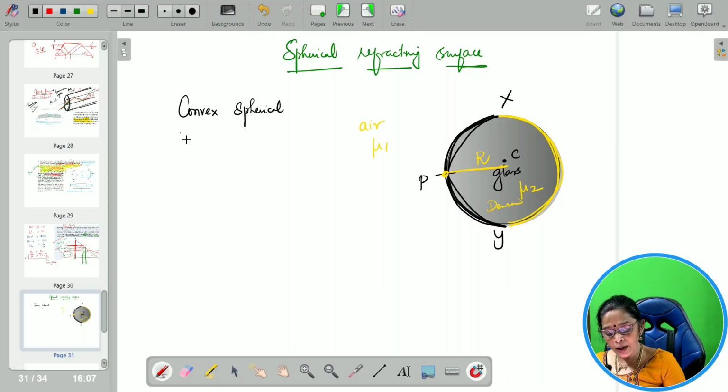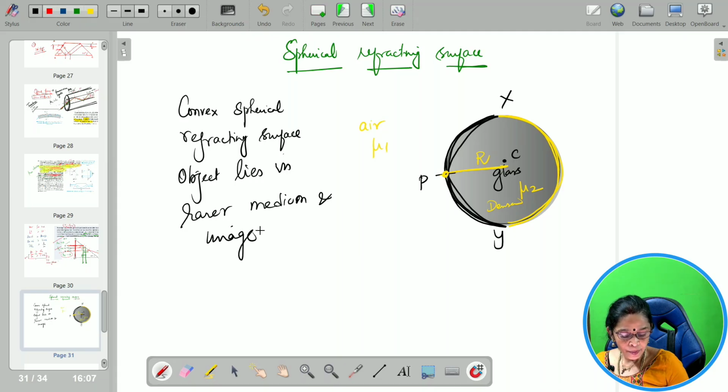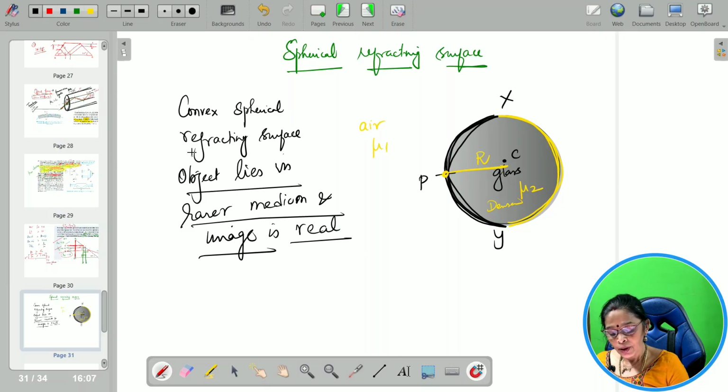So, convex spherical refracting surface: the object lies in the rarer medium, and the image is in the denser medium and the image is real. This is the one and only case derivation you have.